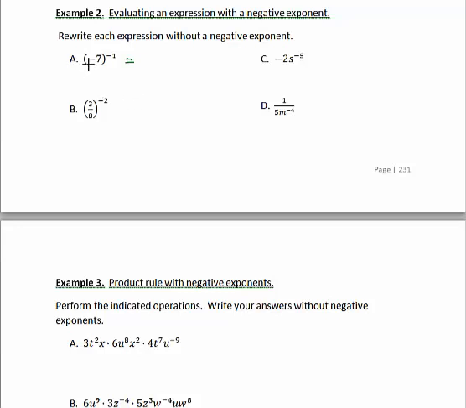Okay, so if we look at A, the negative 1 exponent is applied to the negative and the 7. This negative is part of the coefficient. This negative is a part of the exponent.